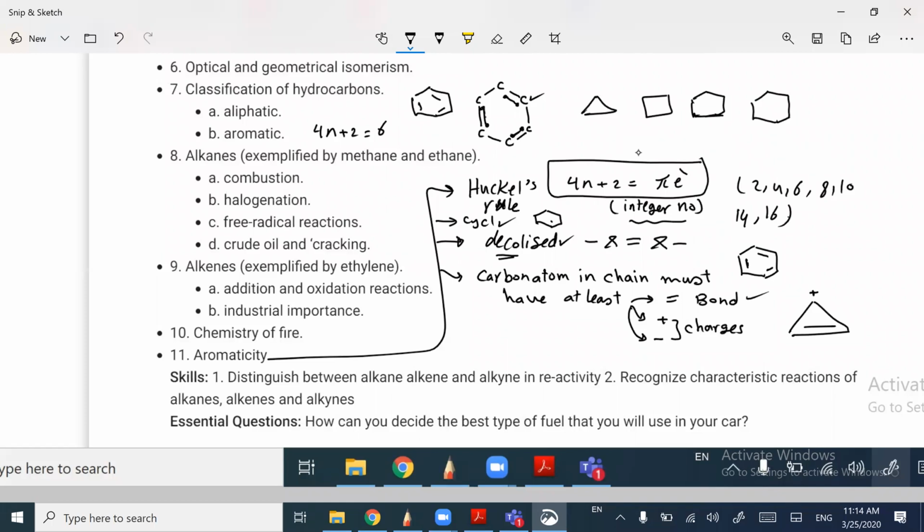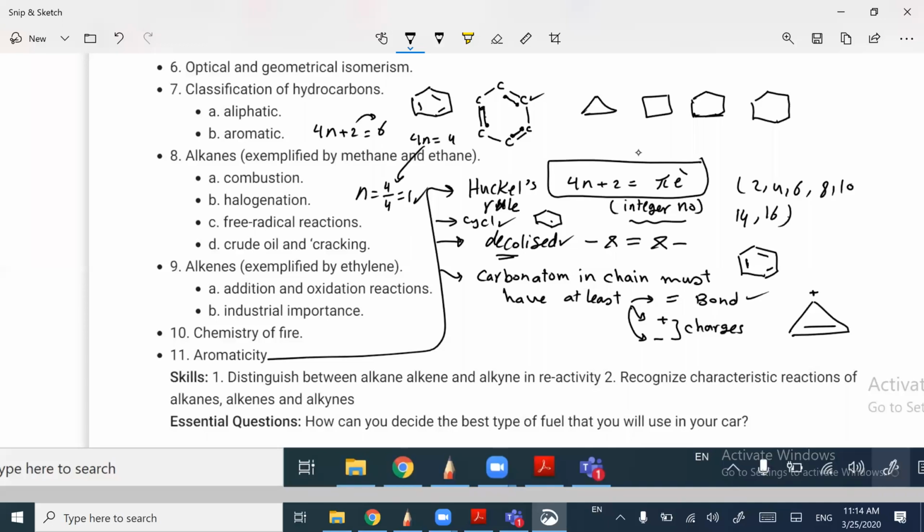So it will be 6. So 4n equals 4, so n equals 1. It is an integer number, so it is an aromatic compound. Let's take another example.